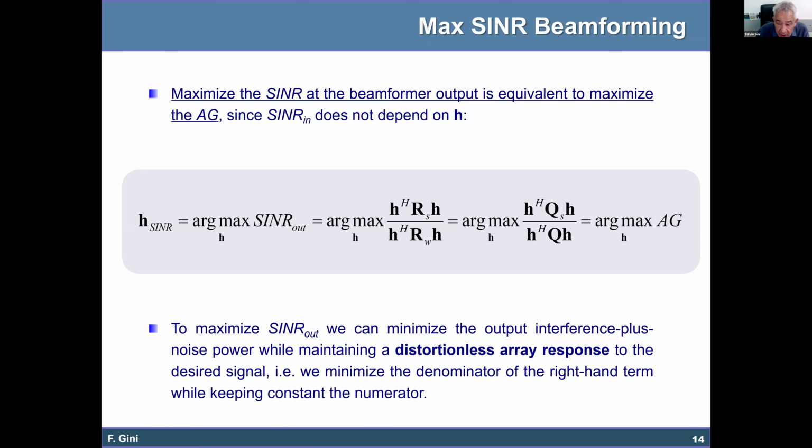So we keep constant the numerator and we minimize the denominator. So we minimize the interference that passes through the side lobe of the beamformer. And typically, we apply this second approach. So we try to minimize the denominator while keeping constant the numerator. So this is the way we will solve this optimization problem.